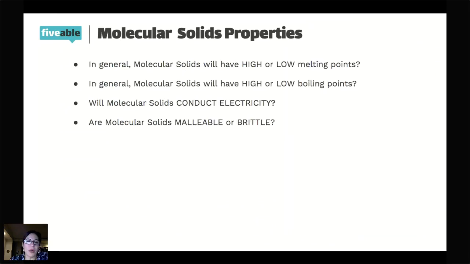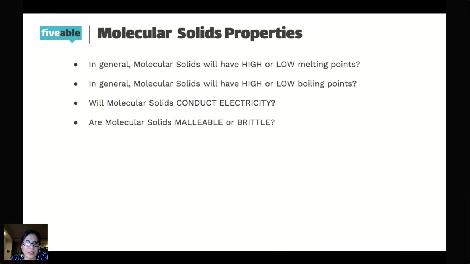Okay, let's do a review. So compared to ionic solids, will molecular solids have high or low melting points? Think of the force that keeps them together. The force is an intermolecular force, and the ionic is the ionic bond. Which one is stronger?